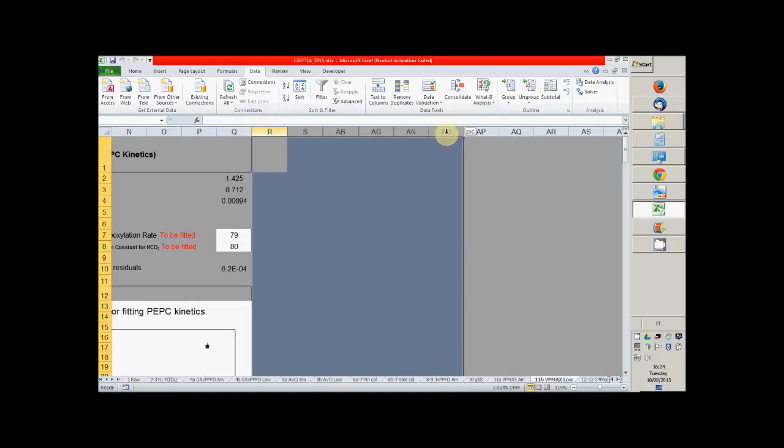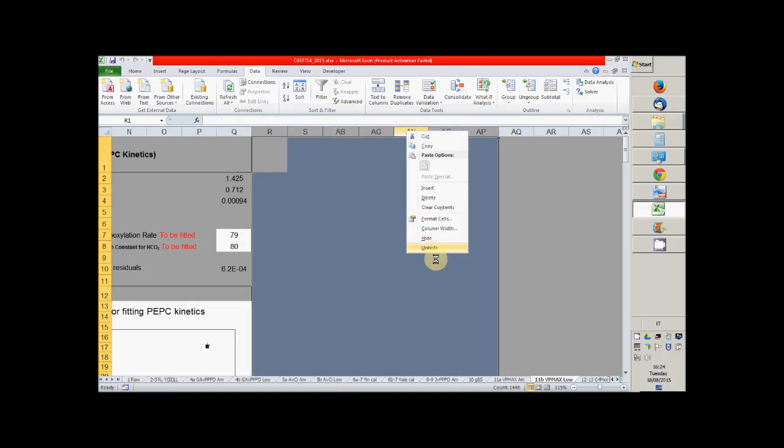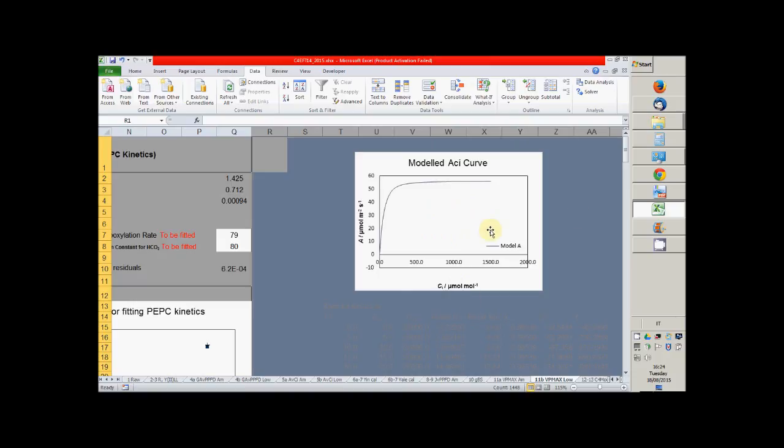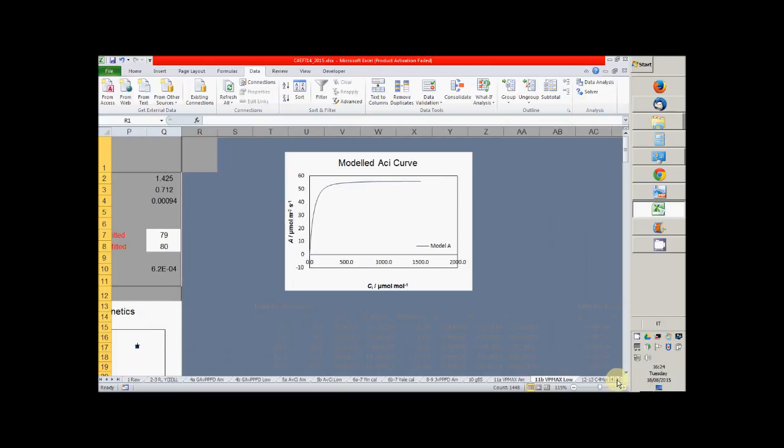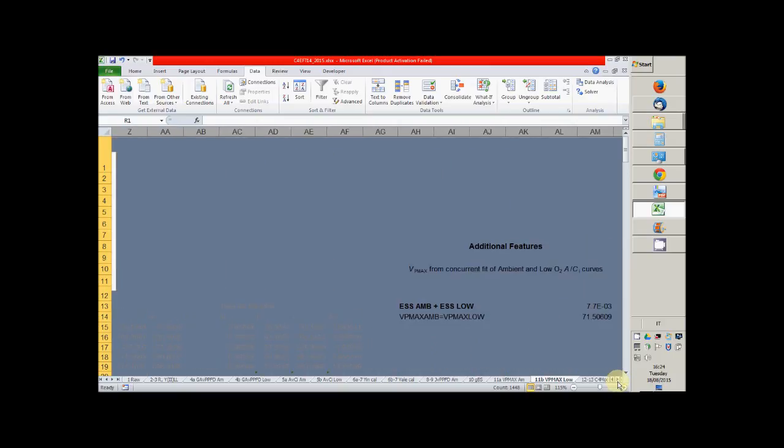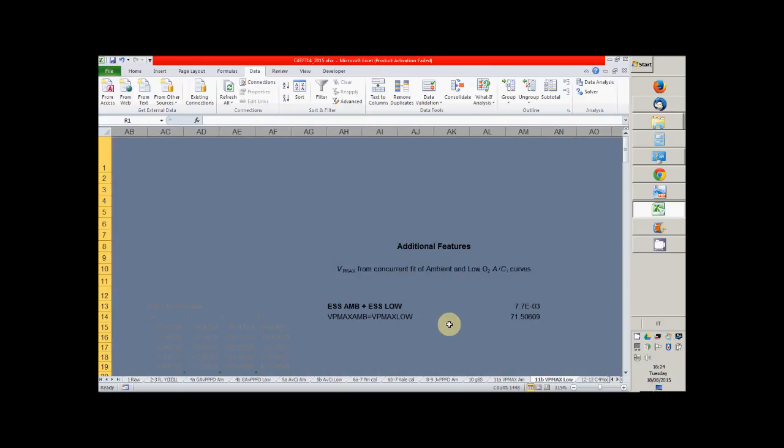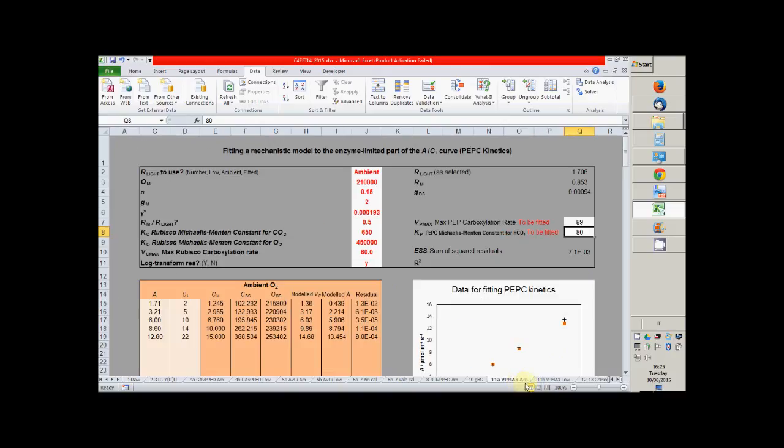To do so, we may unhide the additional features in sheet 11B. We now need to modify sheets 11A and 11B to be both linked together. So in cell Q7, we may type equals Vpmax ambient Vpmax low.